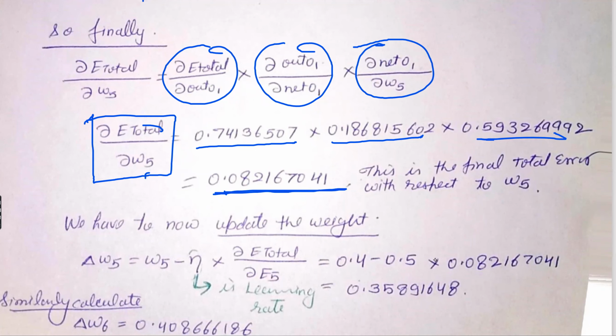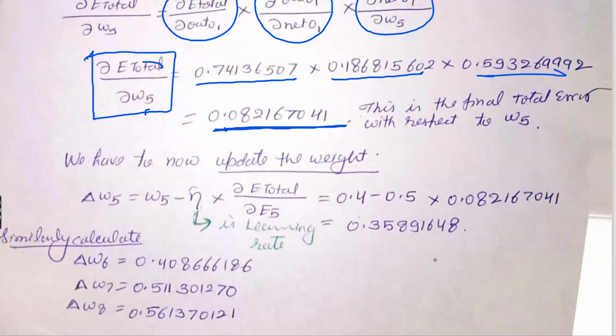Up to here we have calculated the partial differentiation of E total with respect to W5, and then we will update the value of W5.